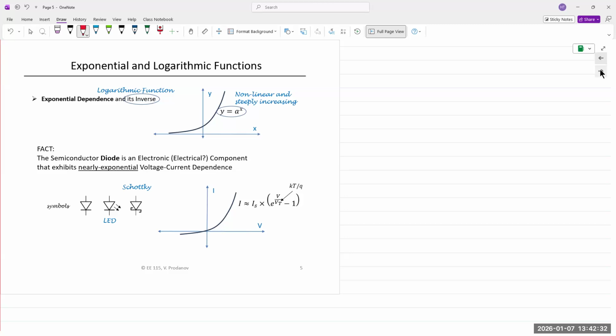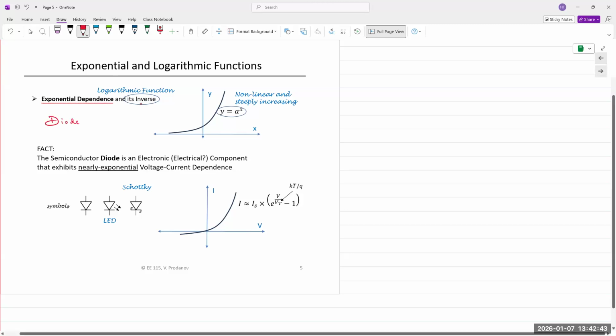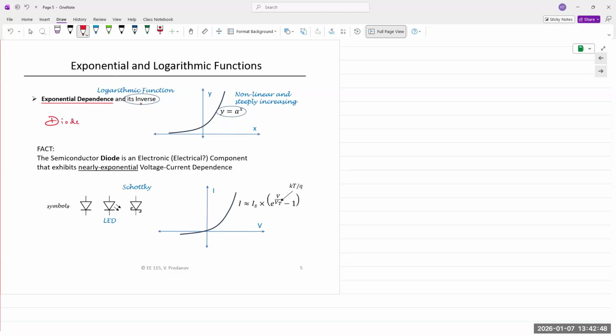We're not looking too much at the characteristics of the diodes, but we would like to inform students that a diode's voltage and current have a nonlinear relationship defined by the exponent function. So that is another thing that we are going to study in this course. The diode equation is given right here.